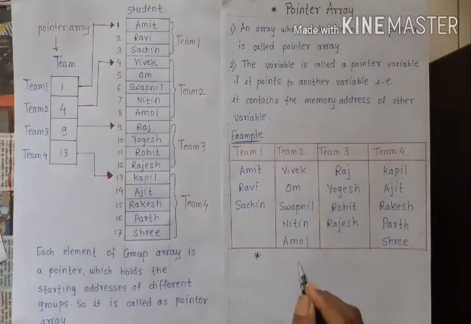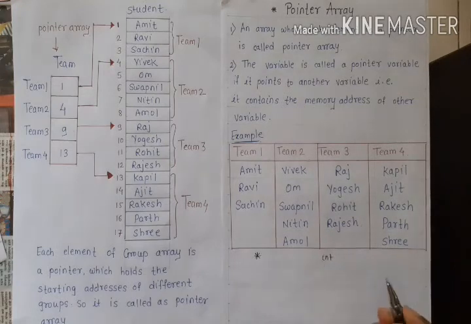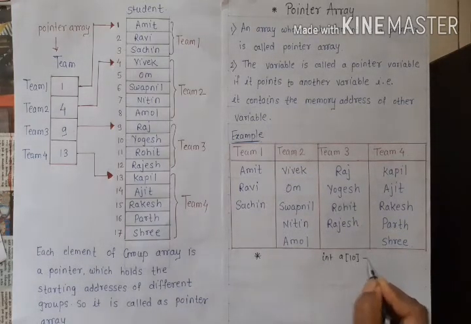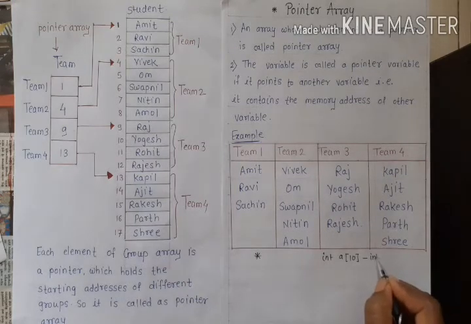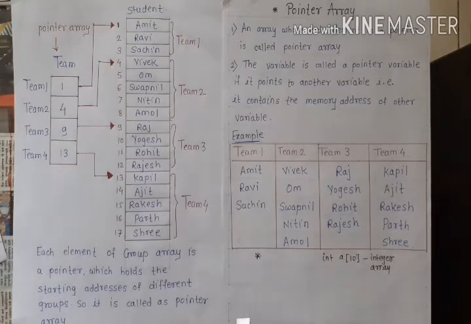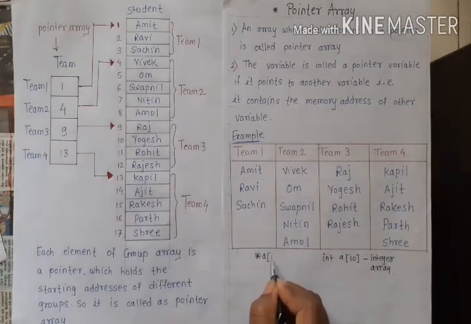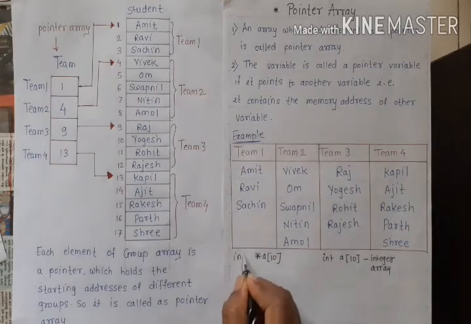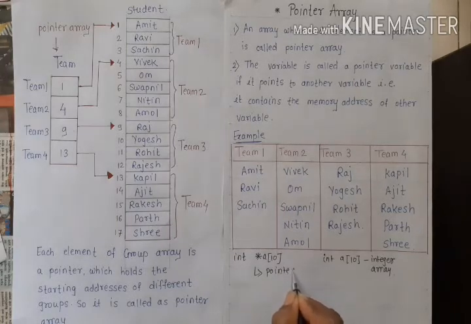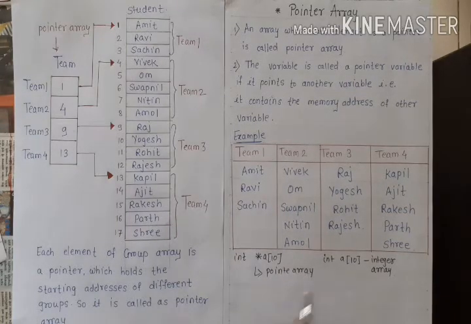Suppose I declare a normal array, int a of 10, it is an integer array. And suppose the same array is star a of 10. This is called a pointer array.